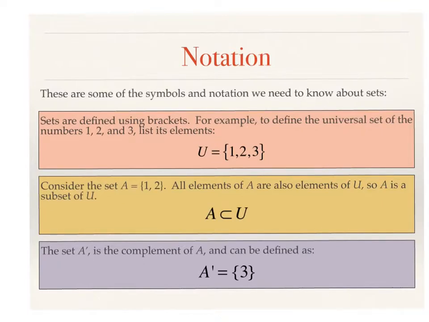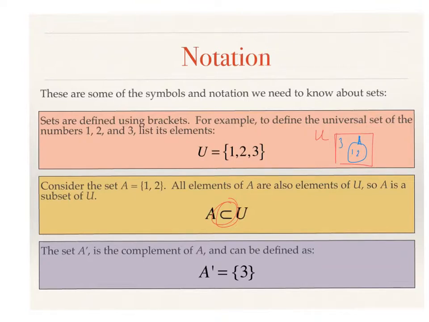The way you write that is with this sideways U kind of thing. The way I would draw that in a Venn diagram is I would have U, and you can technically draw it whatever shape you want, but a lot of the time, like I said, the universal set we put as a rectangle, and then A would go completely inside of it. There's A, because 1 and 2 are inside, and 3 is out there.